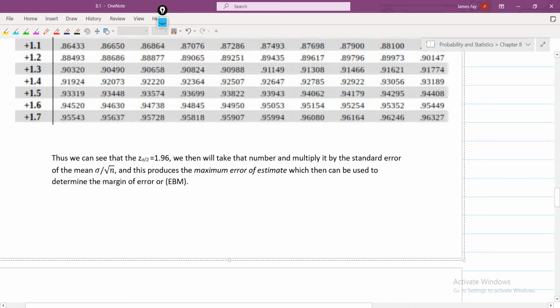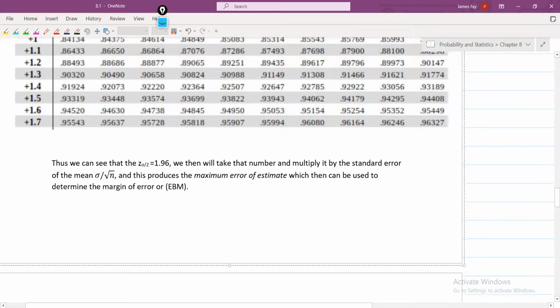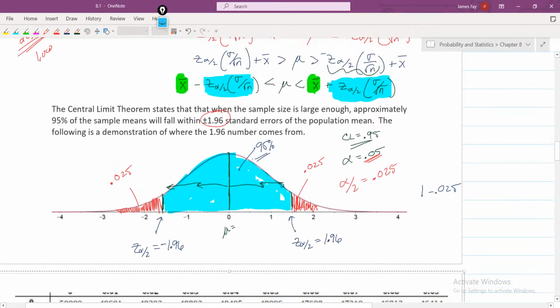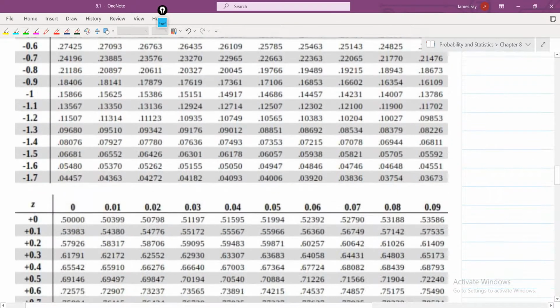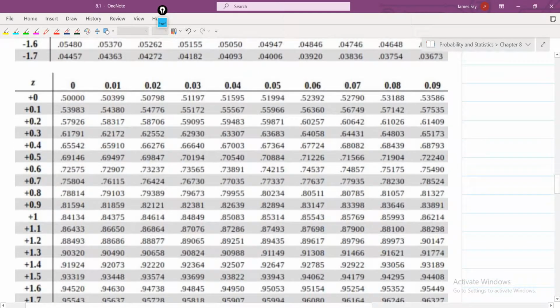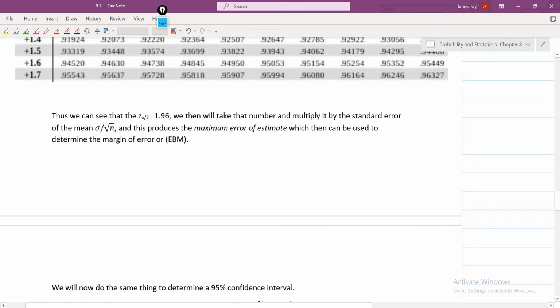That produces the maximum error of estimate. If we go plus or minus with that, that gives us our margin of error, what we've been calling the EBM from OpenStax's textbook.